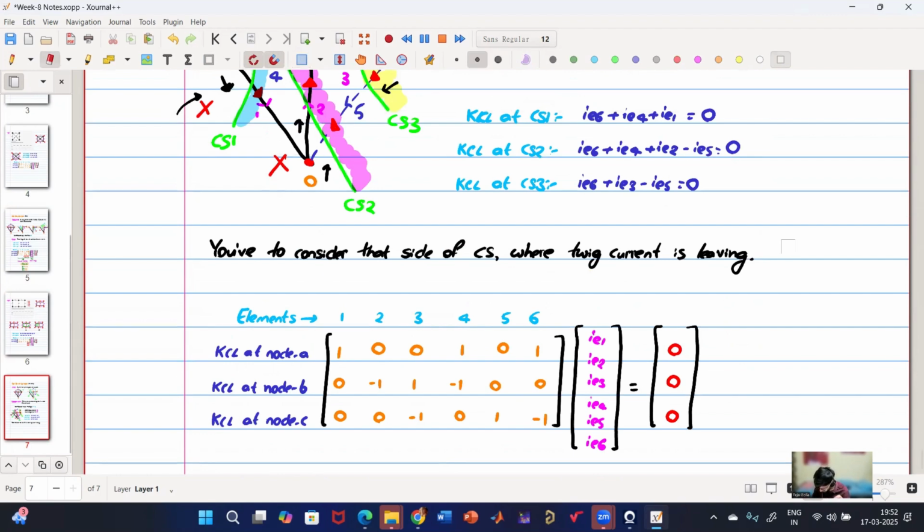Instead of node, we are applying at cut set, CS1. So cut set 1, cut set 2, cut set 3. Can someone quickly tell what will be the value? 1 0 0. 1 0 1. Okay.